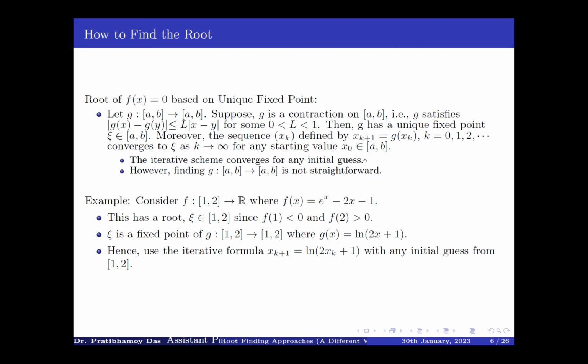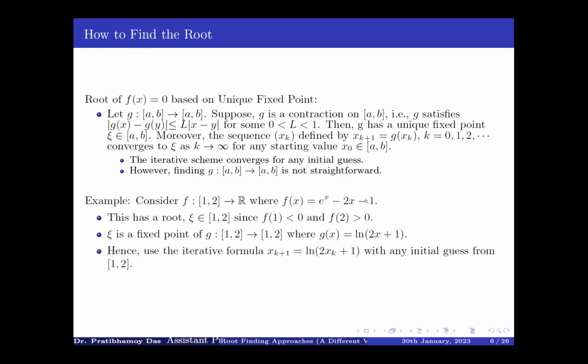Okay, what is the compensation which you are making? The compensation here is that g should be a Lipschitz function. This is called Lipschitz. g should be a Lipschitz function, and g has to be a self map: g of the closed interval [a,b] should be a subset of [a,b]. That is difficult to find. Okay, this is an example where we have constructed this g from this f. f is given.